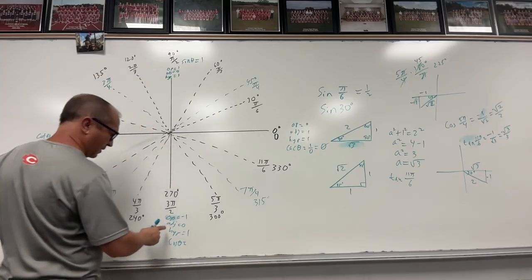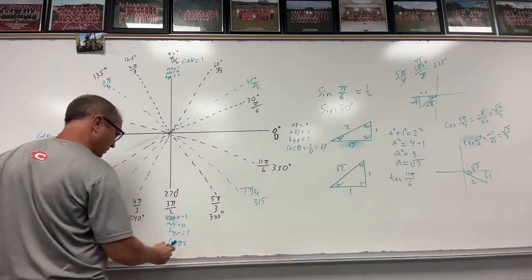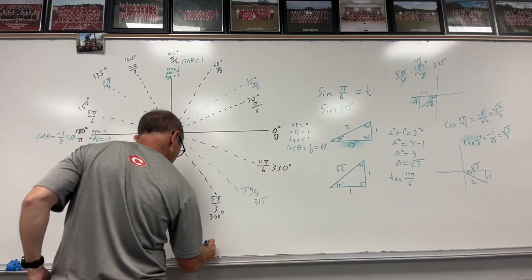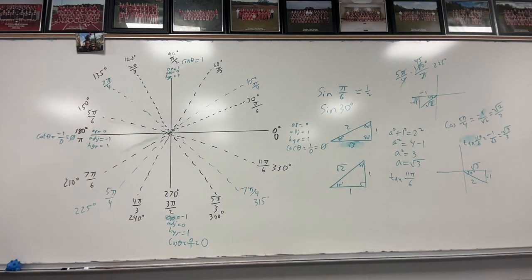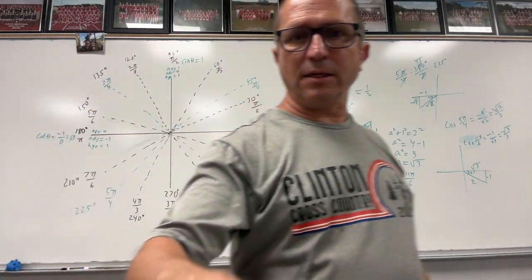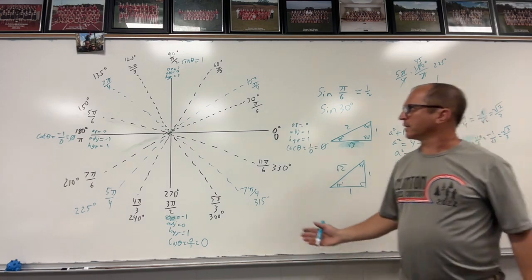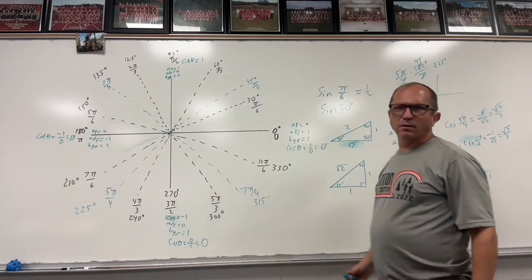Your cosine is adjacent over hypotenuse. Your adjacent is 0 and your hypotenuse is 1, so you get 0 there. So those would be your quadrantal angles. A lot of times people find it easier to memorize the quadrantals and derive those.